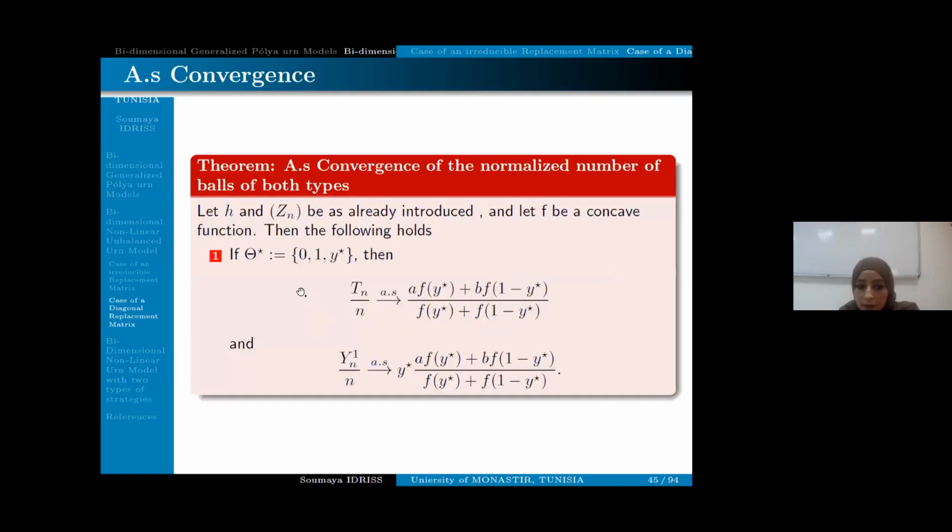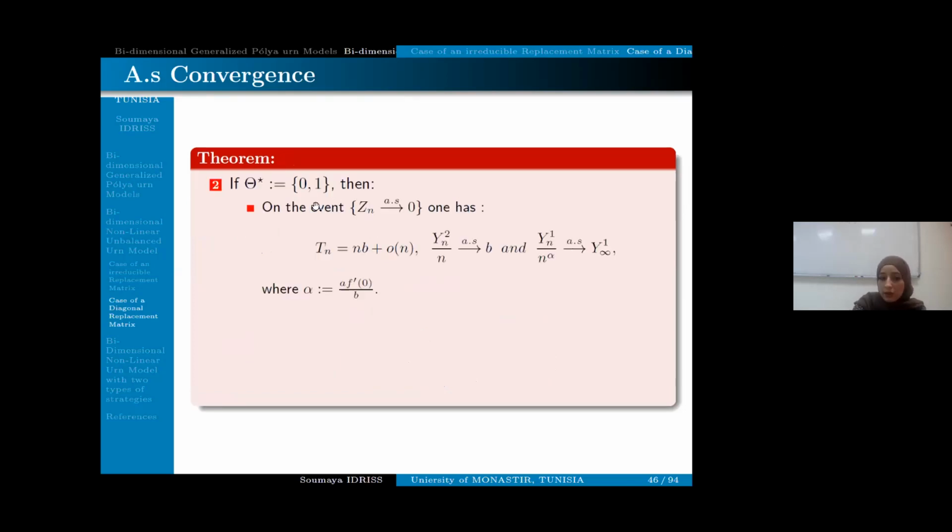We give in this theorem the almost sure convergence of the normalized number of balls of both types. In the first case where H has 3 zeros, as we said, y star is the only stable zero. Therefore, we have these following almost sure limits.